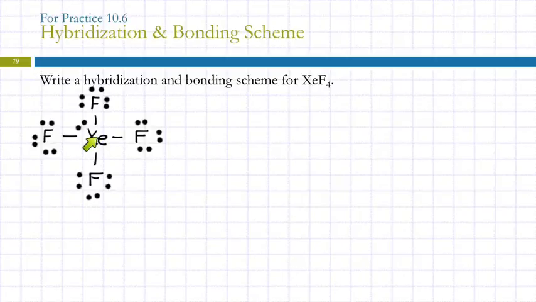Then we look at the central atom and say, how many electron groups? We have 4 bonds. Each of those is 1 group. And we have 1 lone pair. That's a group. So we have 5 electron groups. Right?